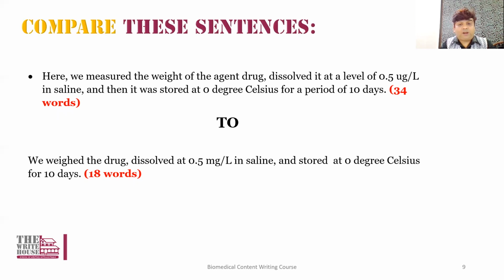Weight of the agent drug, then dissolved it at the level of, you have dissolved it at the level of, is unnecessarily adding words. So this kind of thing you can do when you apply the principle where you are unnecessarily writing 3 words and you can easily convert them into a single word.